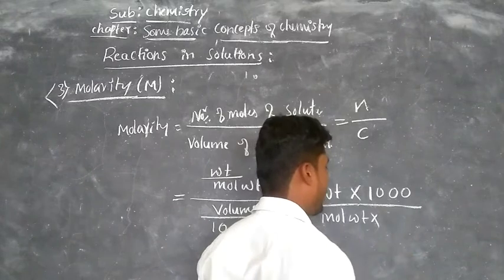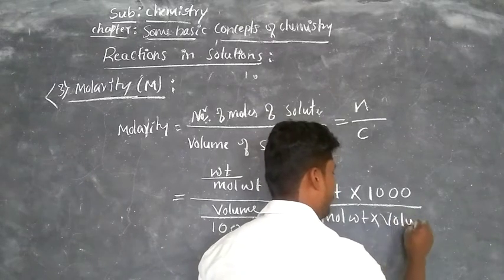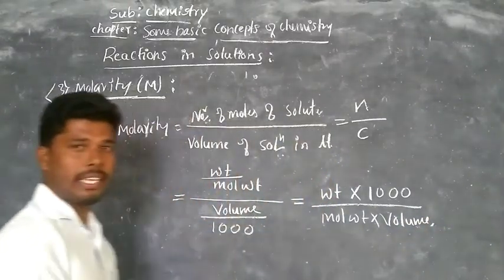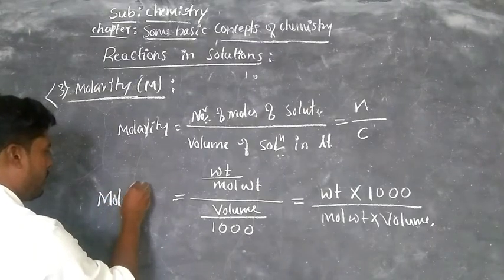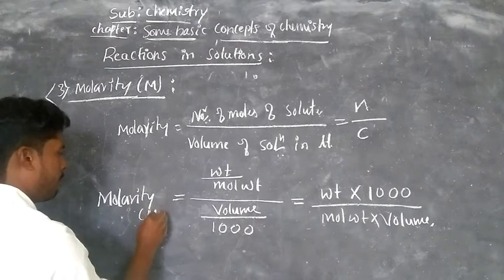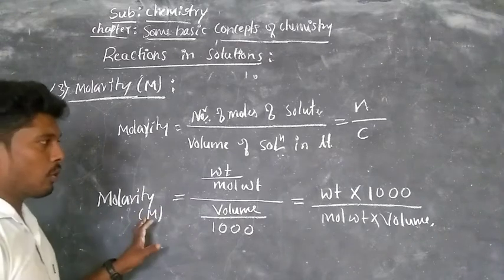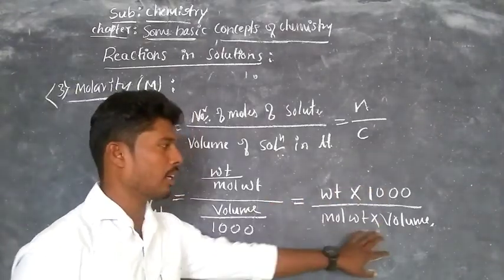If you get confused, write volume only. So this is the formula for molarity: M is equal to weight into 1000 divided by molecular weight into volume.